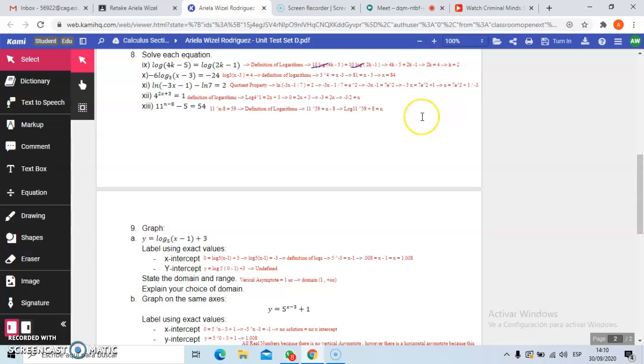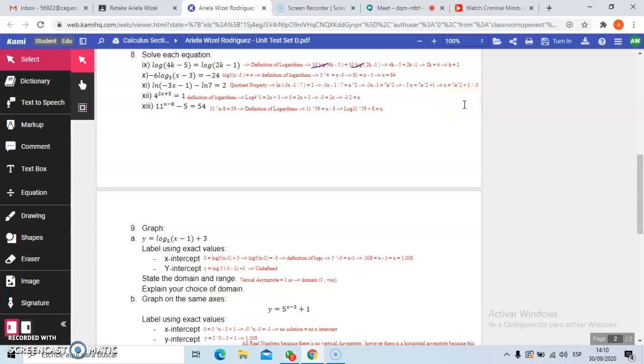So I am left with negative 3x minus 1 is equal to 7e to the second power. Now I have to keep solving for x. So I add 1 on both sides and then I divide by negative 3 on both sides. So the final answer is x is equal to 7e to the second power plus 1 divided by negative 3.